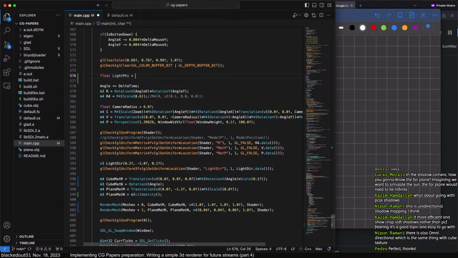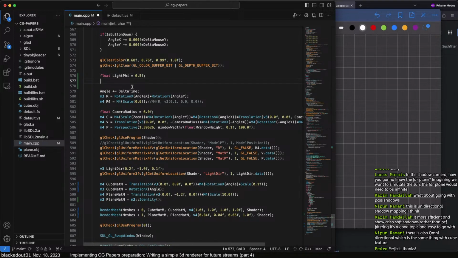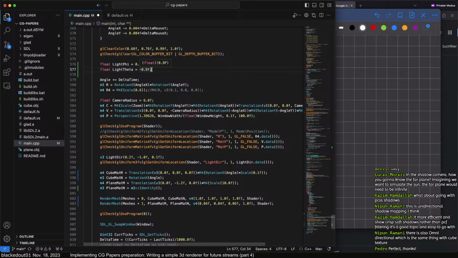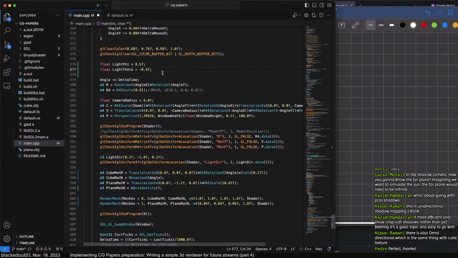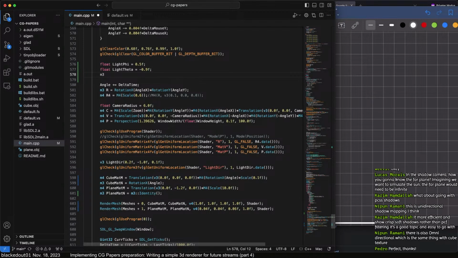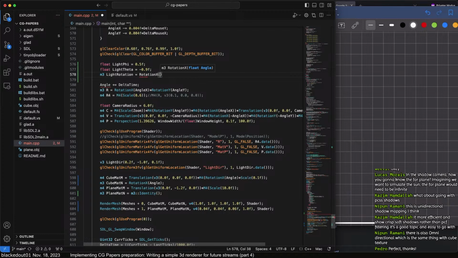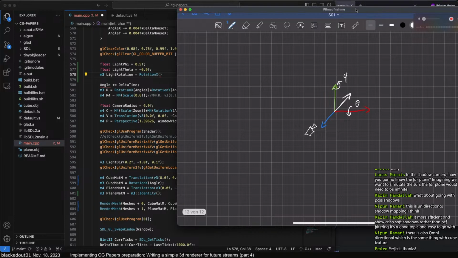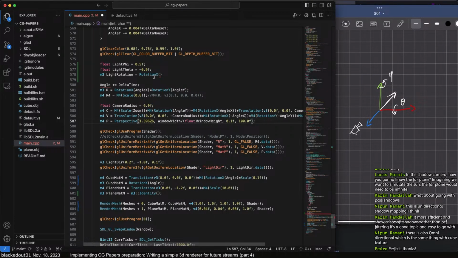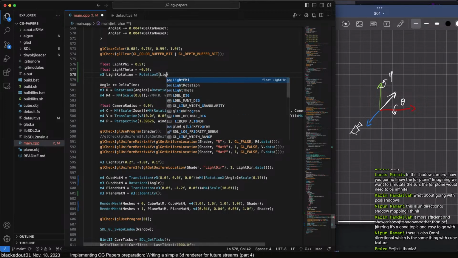If we define these two angles here with some values, then we can define a matrix that is basically the rotation of the light, and also at the same time the camera matrix, the coordinate system of the light, which is, so we first rotate by x with the theta angle.